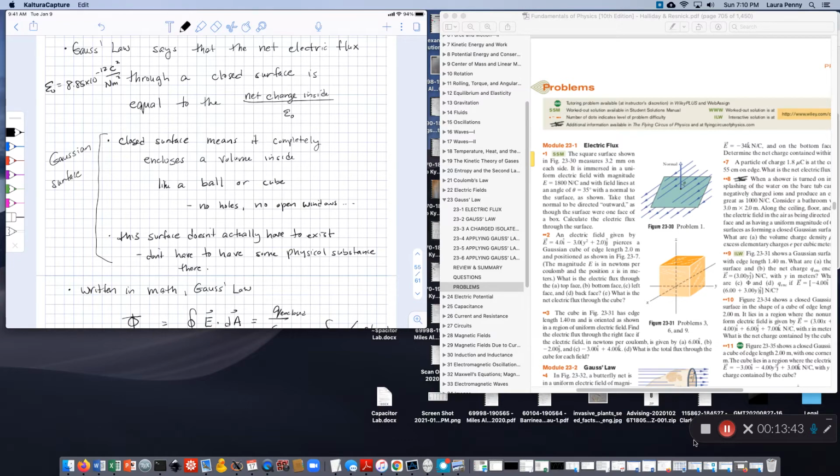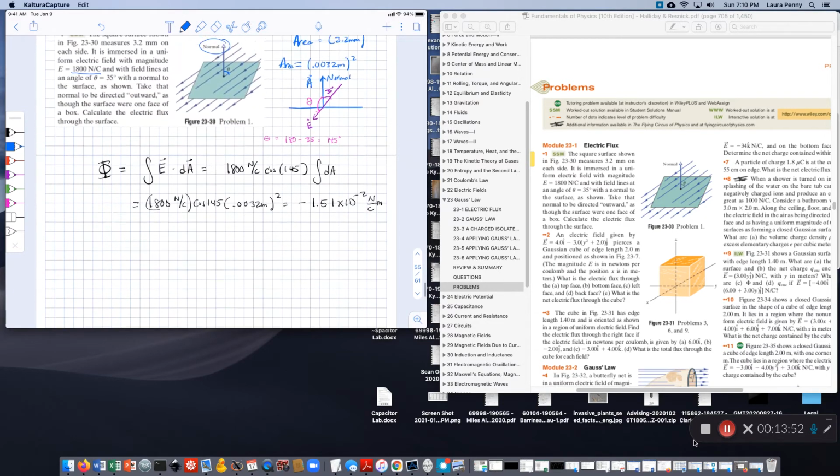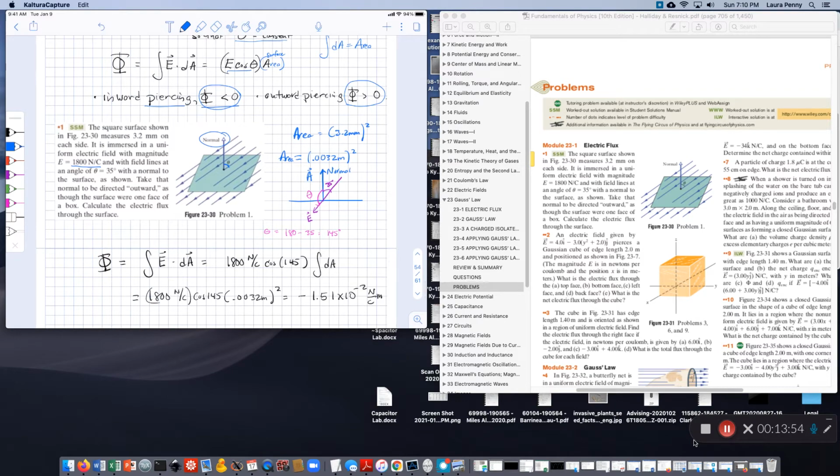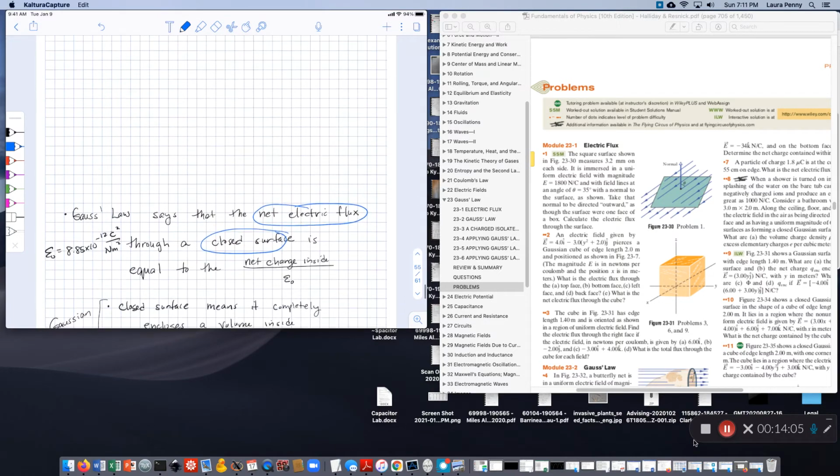So a closed surface, what they mean here by closed surface and net electric flux. So up here, I just had one sheet of surface, but it's not closed, right? There's nothing that separates really the top from the bottom except for on the sides.